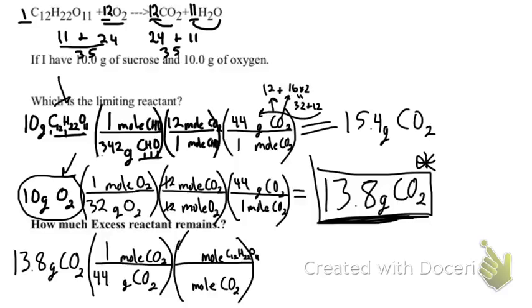And for our mole-to-mole ratio, which can only be found from the balanced chemical equation, in front of CO2 we have a 12. In front of sucrose, we have a 1. Last step.